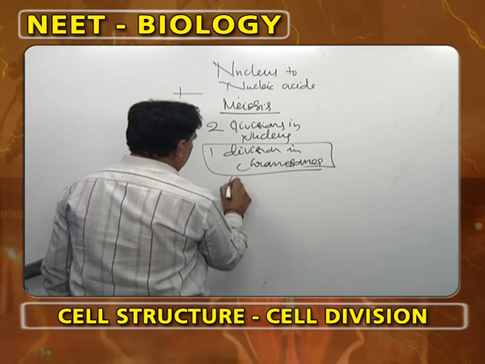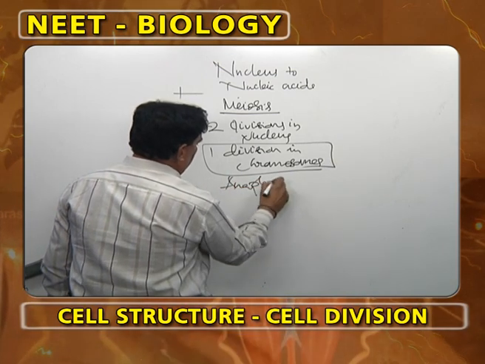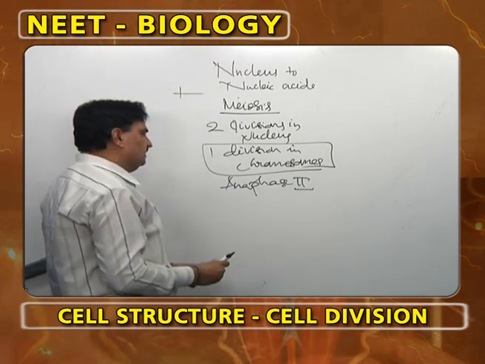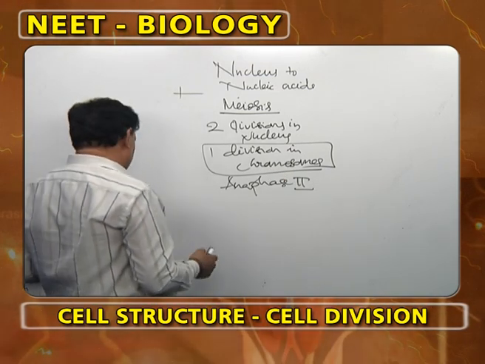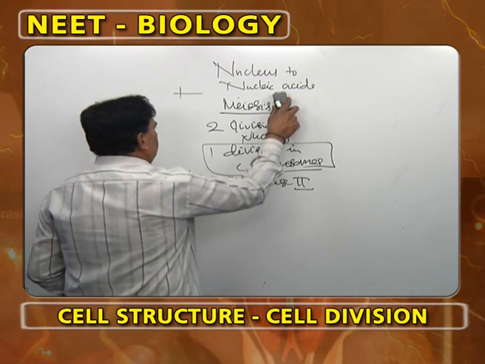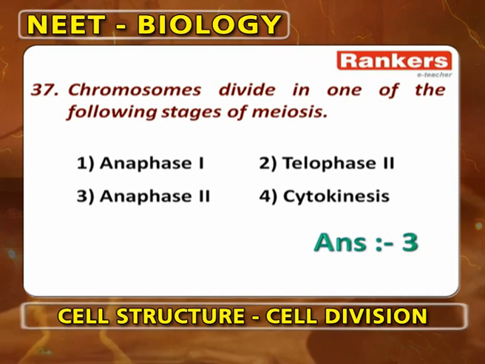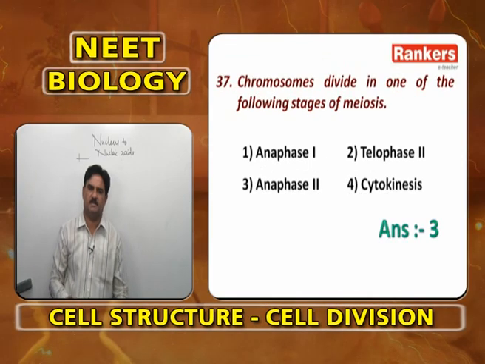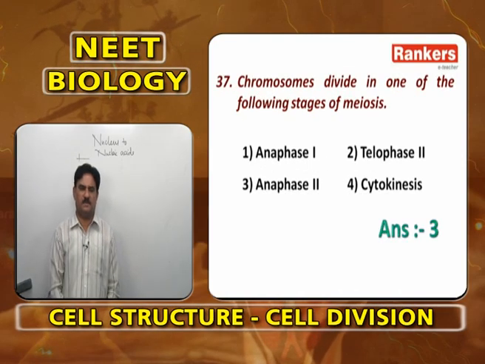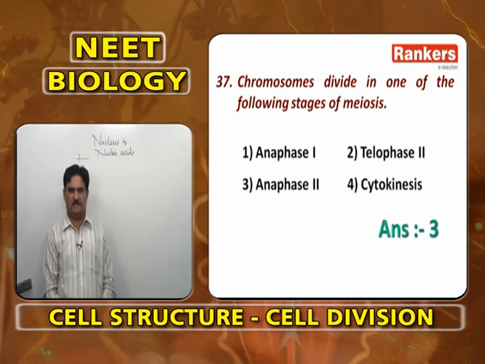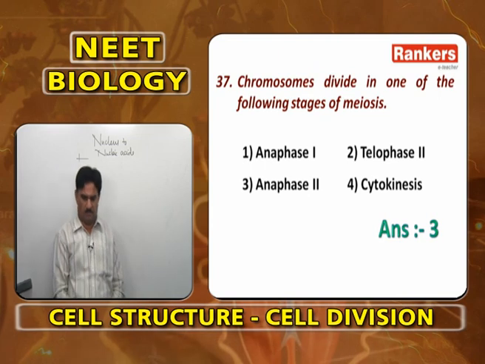This 1 division in chromosomes occurs during anaphase 2. Anaphase 2 is known for the division of chromosome at the point of centromere. So in meiosis, where does the chromosomal division occur? In anaphase 2. Chromosomes divide only at the point of centromere during anaphase 2. Next.